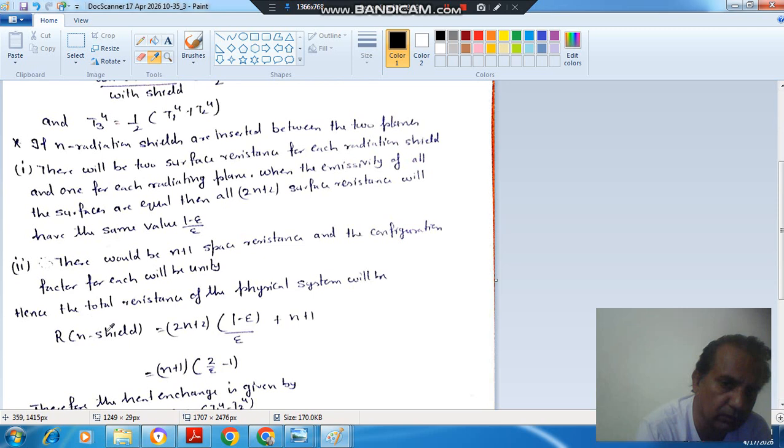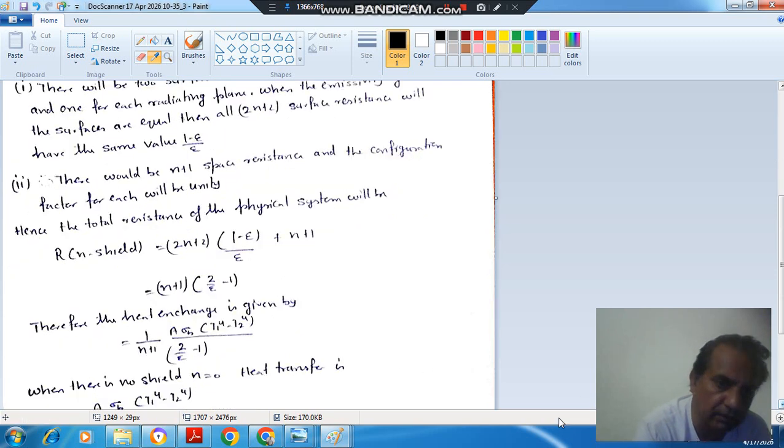So we have a total resistance as this: the number of surface resistances and one surface resistance is this, and the number of spaces and one space resistance is 1 by F. So this is the total resistance with n shields. Okay. So the heat transfer is given by A sigma B (T1^4 minus T2^4) divided by this. Okay, so this is the heat exchange when there are n shields.